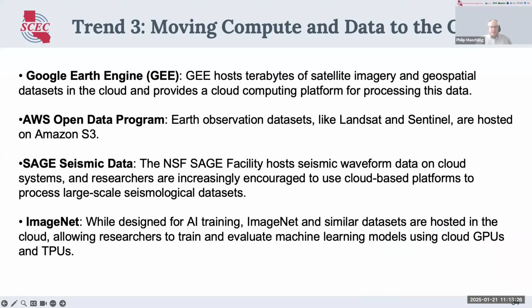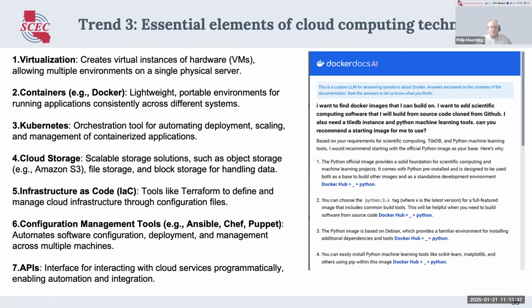Examples of this: Google Earth Engine has a large data set. Open AWS has open data. The SAGE seismic data is being moved into the cloud. There's ImageNet for AI training. These are all large data sets available from cloud resource providers. What this introduces is that in the future, computing is probably going to involve use of cloud computing services.